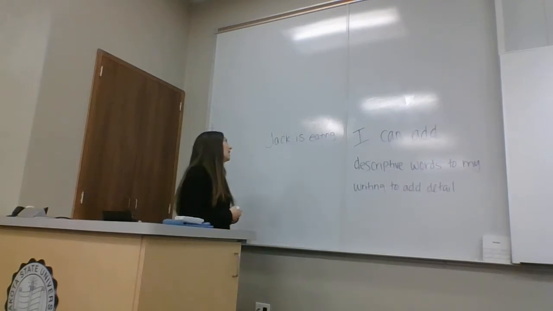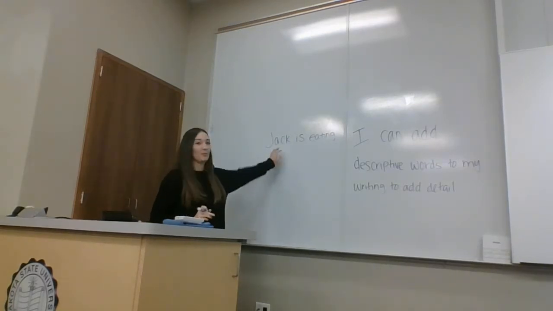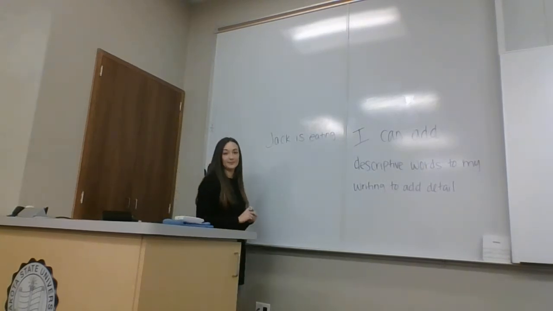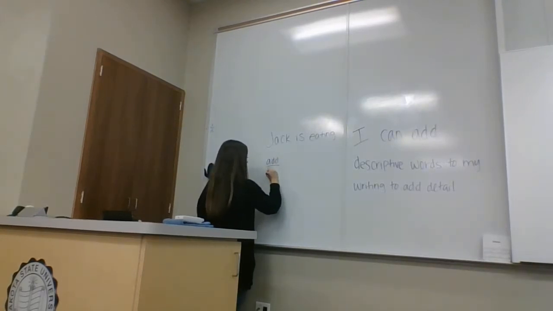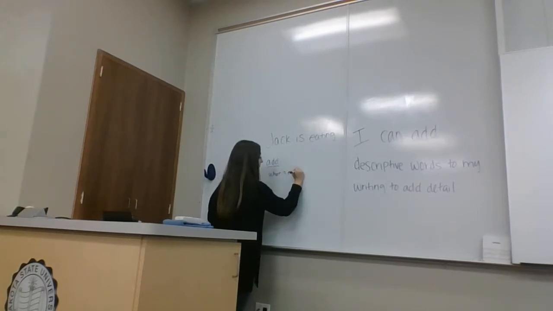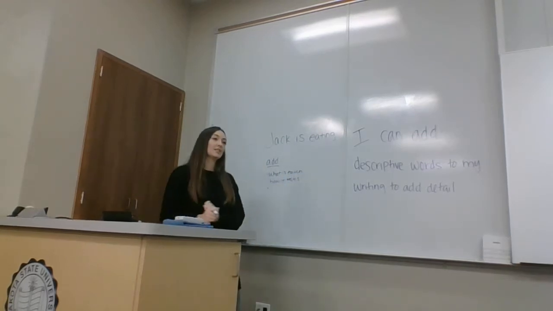Okay. Mara, can you guys give me ways that you can improve this sentence? We said like you can put what he's eating and maybe what it tastes like. Okay. Skylar, can you guys give me any?